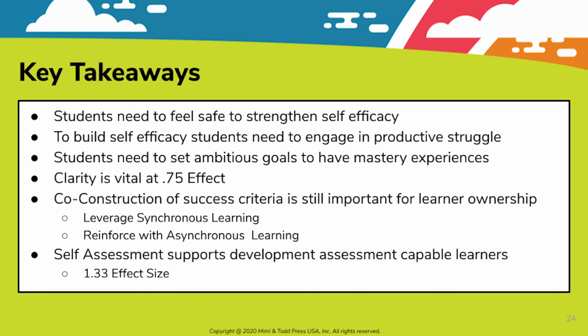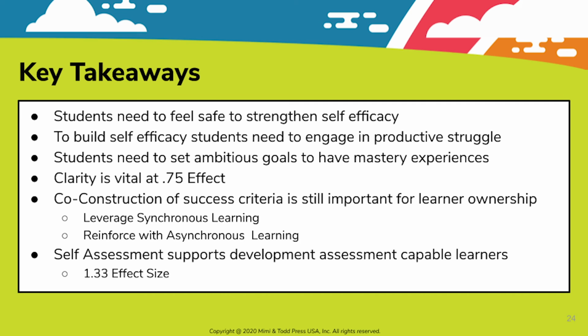So we are going to end with a little wrap up with some key takeaways. The number one thing, students need to feel safe if we want to strengthen their efficacy. So starting with SEL check-ins like you're seeing to get some data around how kids are feeling is really important to support their safety.